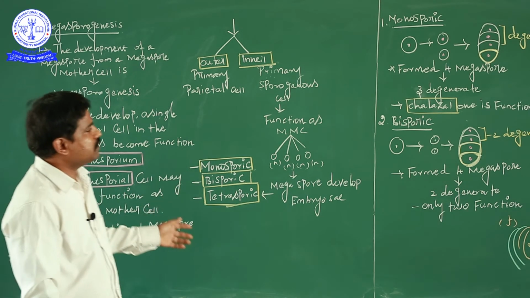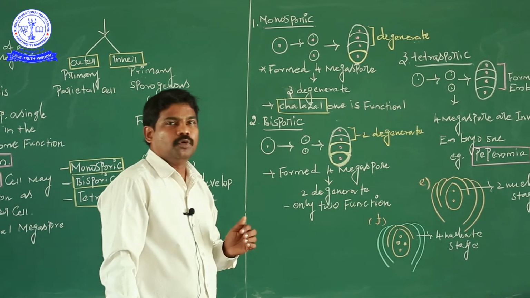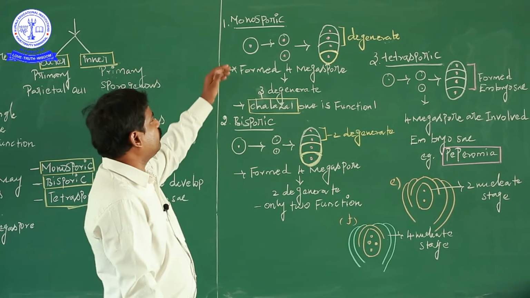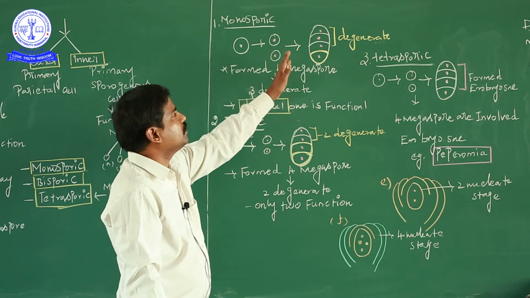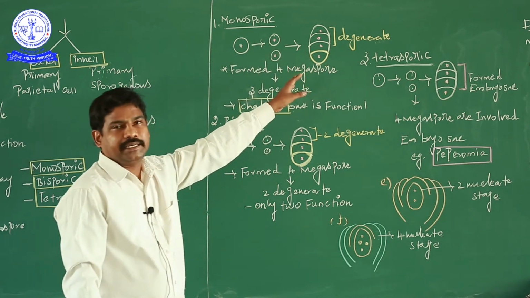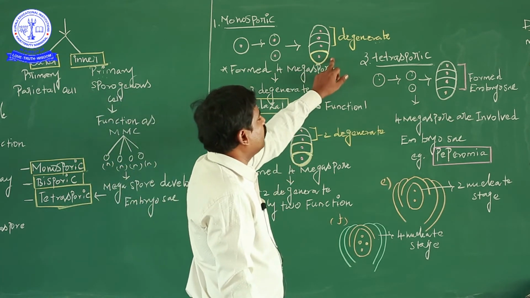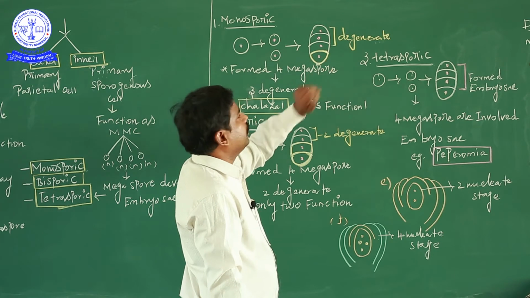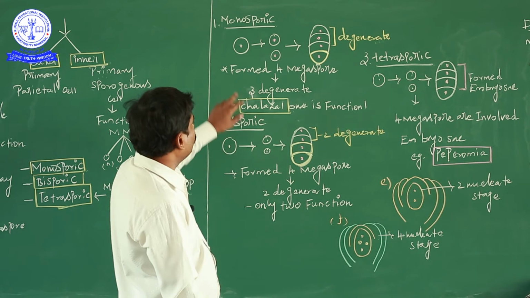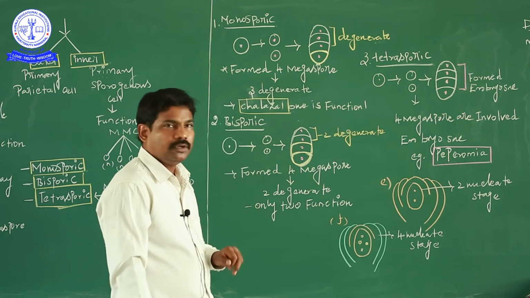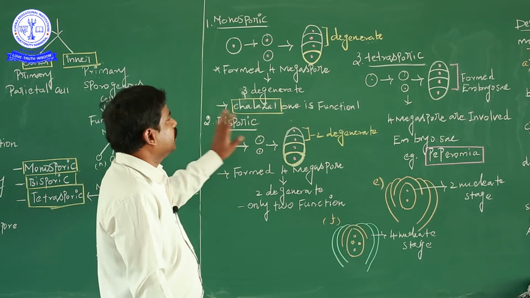The first type is the monosporic embryo sac. First, a single cell divides into two cells and then produces four nuclei. Of the four, only one is involved in forming the embryo sac, and the remaining three degenerate. Four megaspores are formed, three degenerate, and only one is functional.